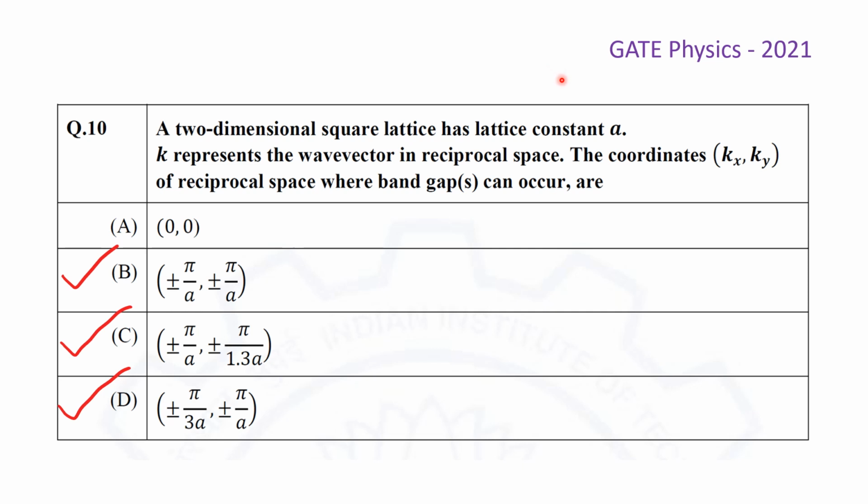After that we solved this problem and found that options B, C and D, that is plus minus pi by a, comma plus minus pi by a, plus minus pi by a, comma plus minus pi by 1.3a, and plus minus pi by 3a, comma plus minus pi by a, are points in k space where band gaps can occur. So these 3 options are the correct answer for this question.